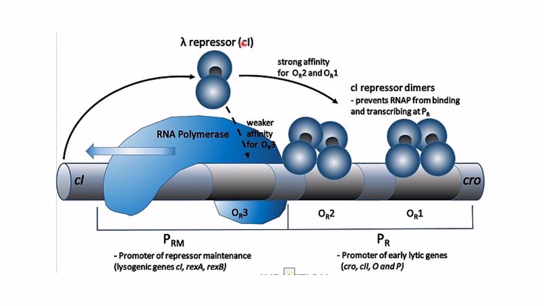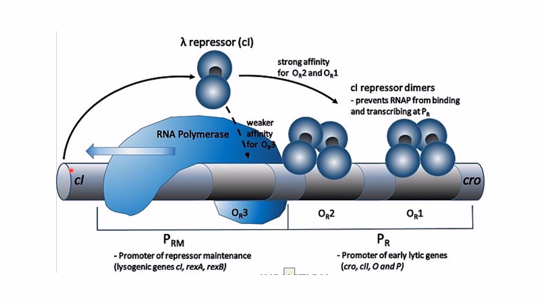When the CI repressor concentration is less, it will bind to operator OR1, OR2, activating transcription from the PRM promoter. So RNA polymerase will bind to the PRM promoter. It will result in the transcription and translation of the CI gene. So the CI concentration increases. And it will help to maintain the lysogenic state in the bacteriophage.